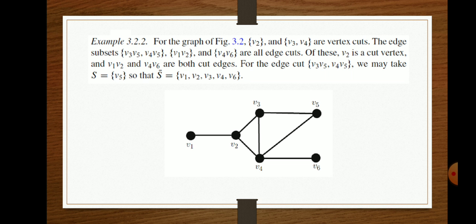Now the graph is disconnected. Therefore the singleton V2 is a cut vertex. And also the set of V3 and V4: after removing V3 and V4, the vertices V1 and V2 are separated from V5 and V6. Now also the graph is disconnected. Therefore the set of V3 and V4 is also a vertex cut.